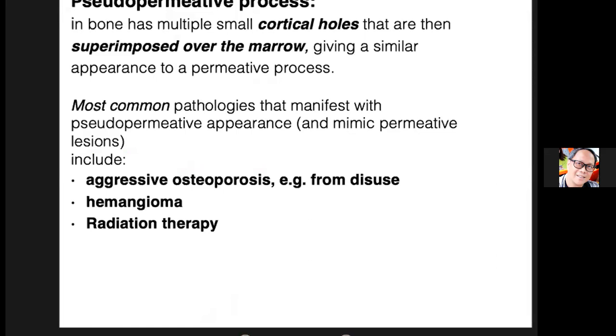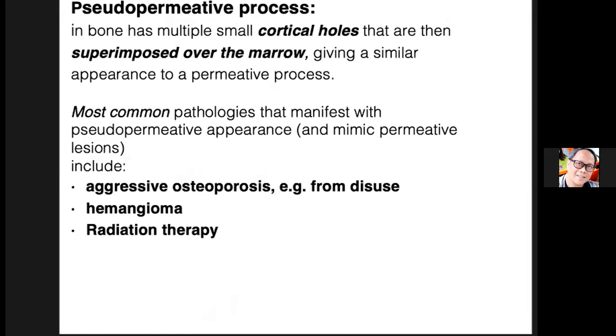The lesion actually involves cortical holes, cortical lesions, and does not involve the medulla. Since the cortex surrounds the medulla, if you have lesions involving the cortical holes, they may appear to be holes superimposing on the medullary region, especially if you're using just X-rays. So again, that is one example of a false permeative or pseudo permeative process.